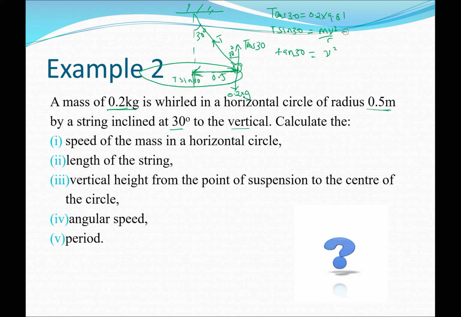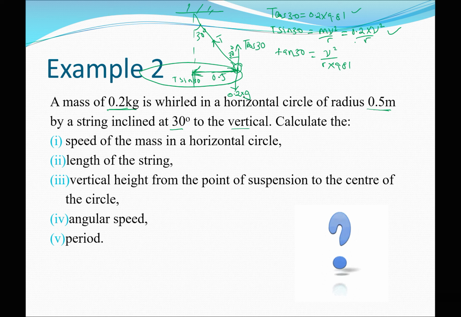This is the same as 0.2 times v squared over r. So 0.2 cancels out when I divide this equation by the other one. So I remain with v squared over r times g, which is 9.81.